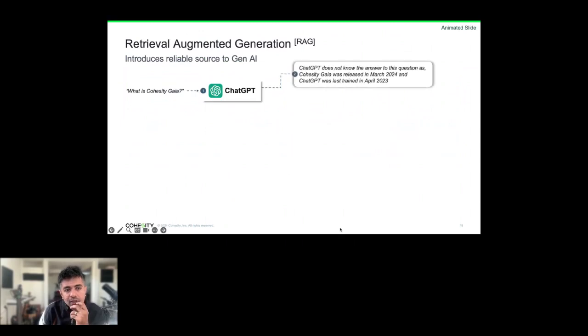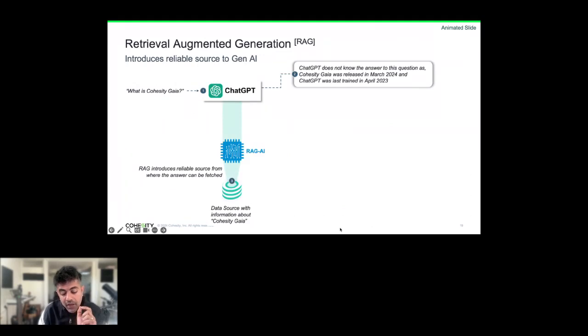So if I ask ChatGPT what Gaia is, it will look through data that's on the World Wide Web, but it's only looking at data that's been trained, right? But if I have a RAG artificial intelligence framework, I have the ability to update the data source from which the intelligence comes.